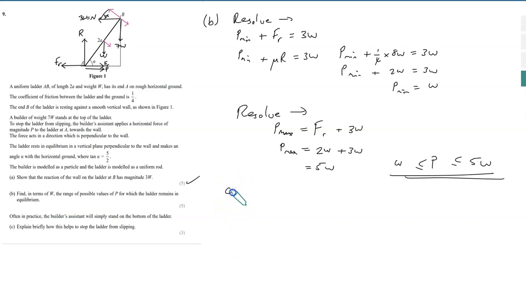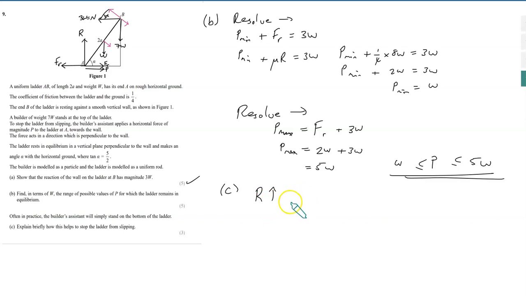Okay, so for the final part, C: often in practice the builder's assistant will simply stand on the bottom of the ladder. Explain briefly how this helps the ladder from slipping. So if the assistant was going to stand on the ladder, that means that the reaction would increase. Okay, so reaction increases. How does that affect anything else?